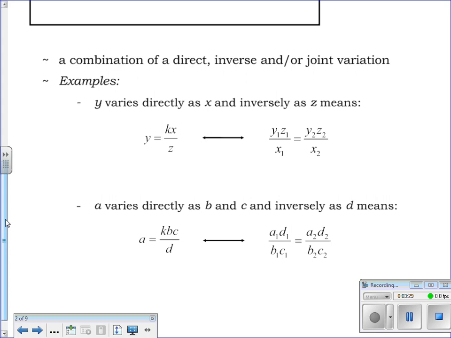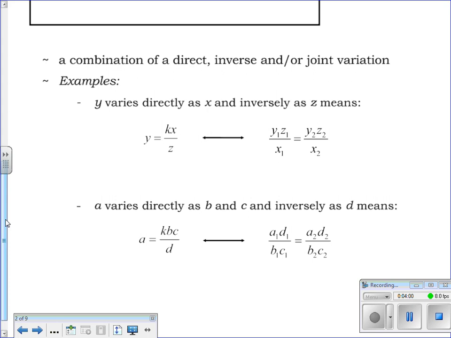So when you're trying to solve a problem, you always have to think: direct is divide, inverse is multiply. Whenever you see a combination one, it will tell you which ones it varies with, either jointly, directly, or inversely.